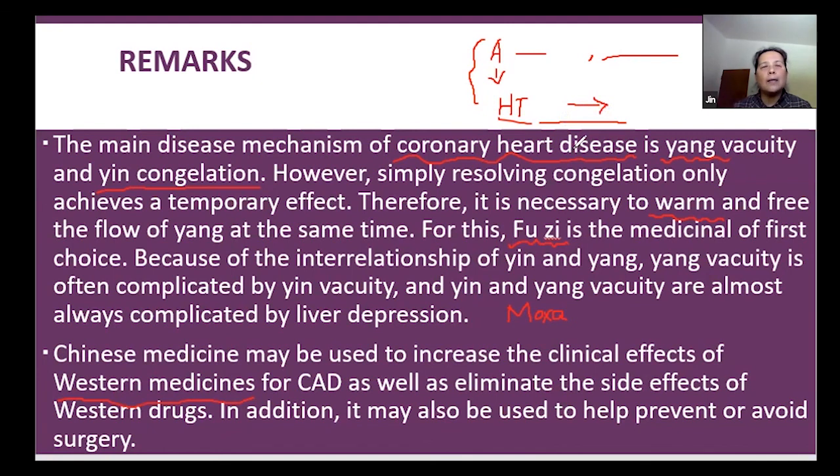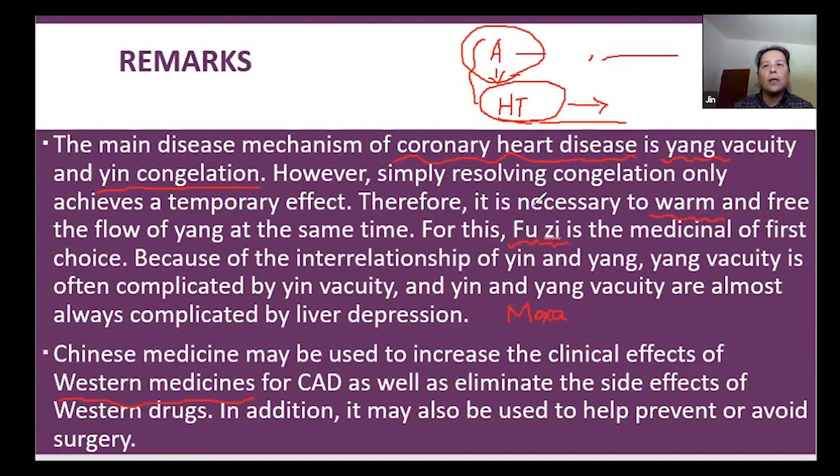So all the patterns we're talking about here, maybe we're working on angina conditions, or maybe together with Western medicine treatment. If the patient has severe chest pain that is continual and can't be relieved, still go to emergency treatment first. Don't try herbs or acupuncture first.